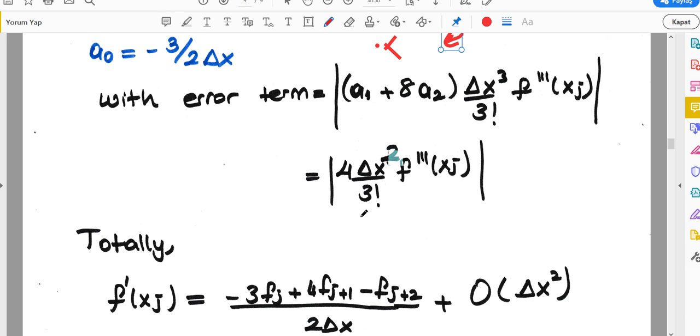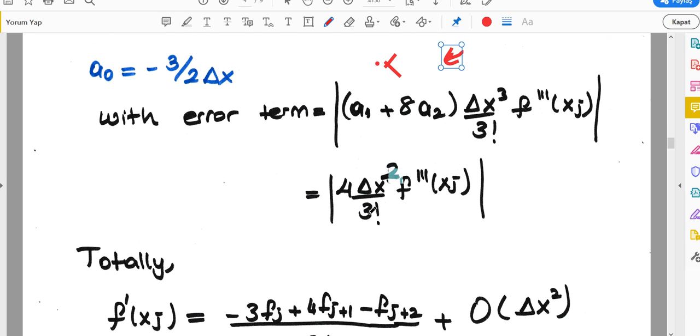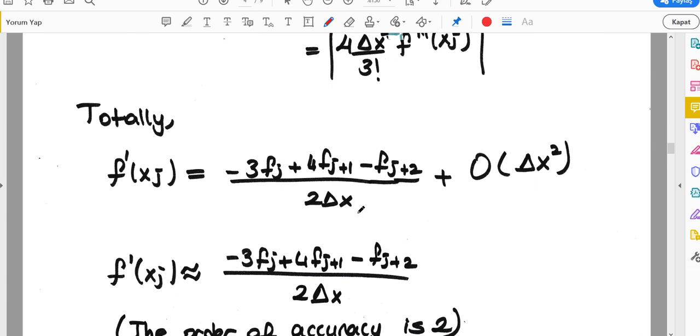So guys, okay, from now on, I am just defining my expression. Look at here, f prime xj. By our calculation, I have written a0, a2, a1.